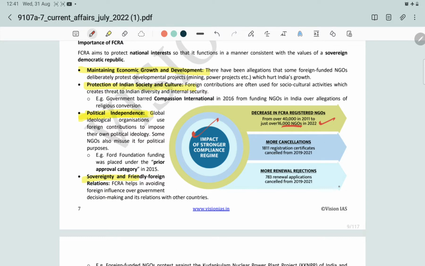There were more cancellations: 1,811 registration certificates were cancelled from 2019 to 2021. There were also more renewal rejections: 783 renewal applications were rejected from 2019 to 2021.